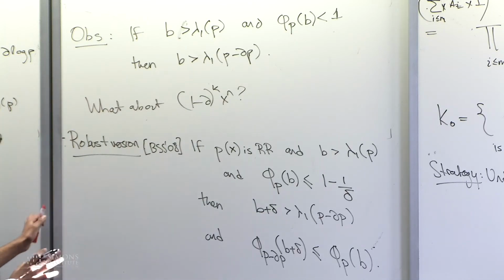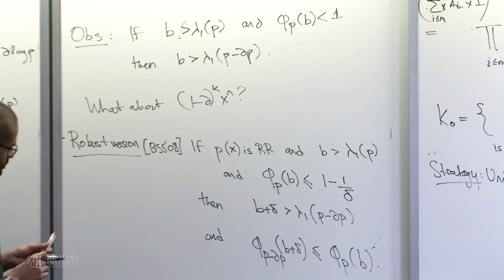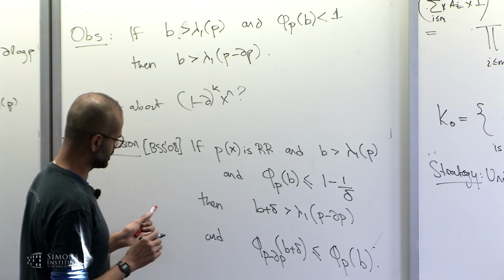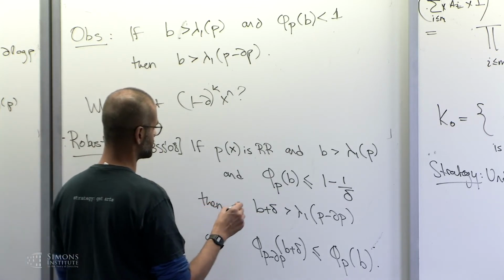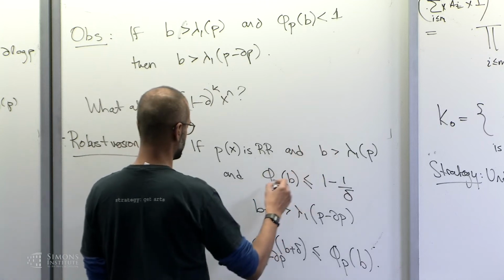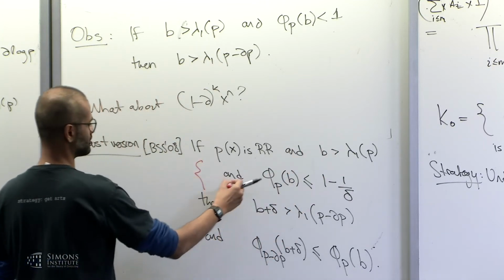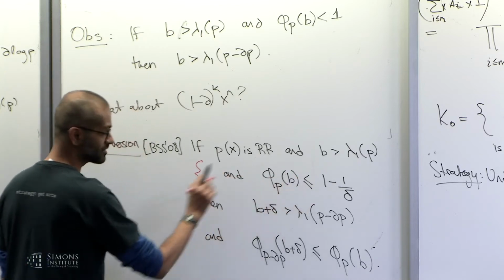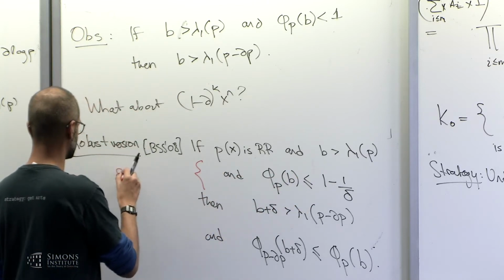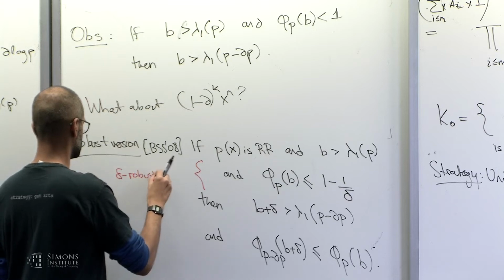Okay, maybe this is a lot to handle, but the way to conceptualize it is this: a point b which satisfies this property, a point that's above the roots of a polynomial and the barrier function is bounded, I'm thinking of that as a delta robust upper bound.